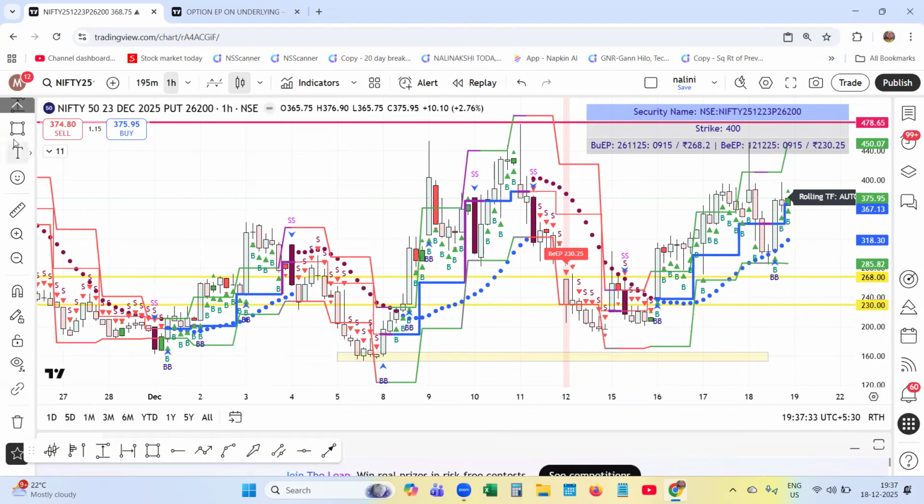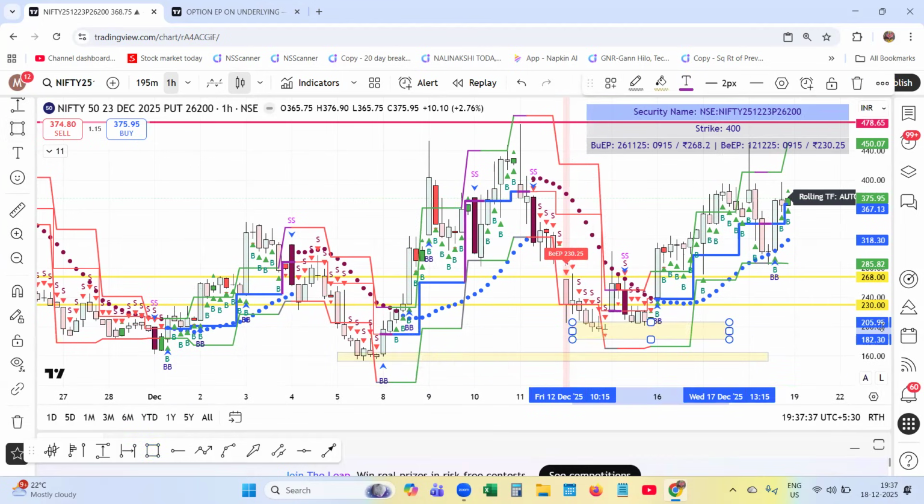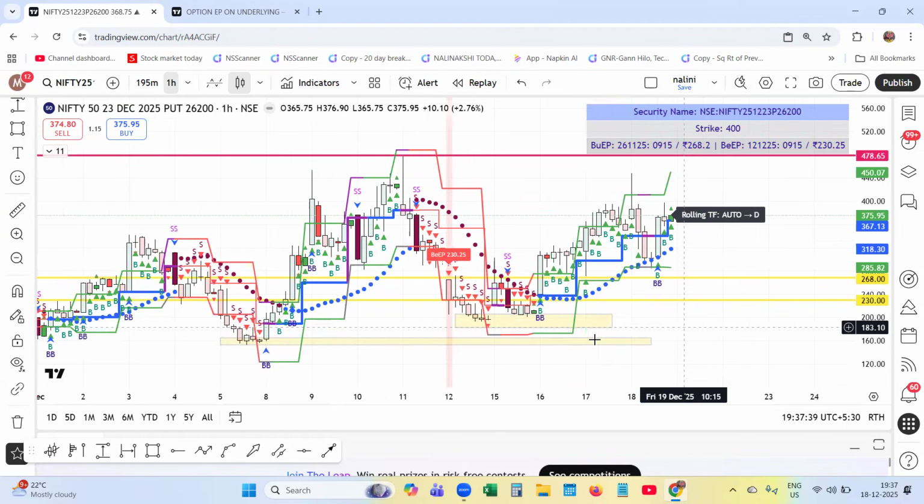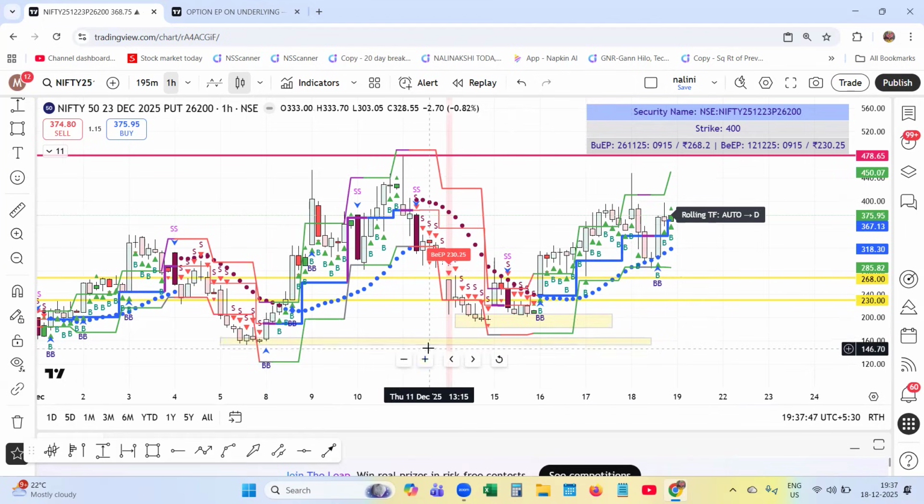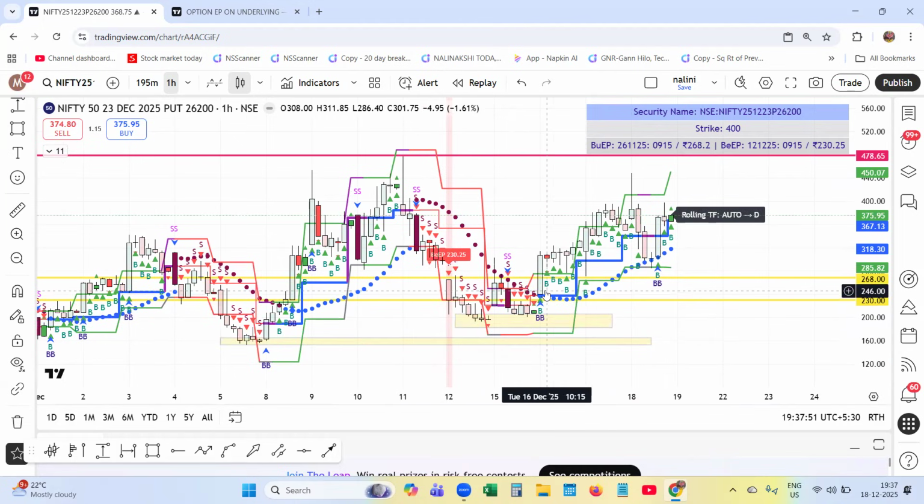If you could have taken the put option around this level, confirmation is down move. It went up to, keeping the stop loss of 163 with the help of rolling pivot, you could have entered into this put option, or otherwise you could have taken around 233.